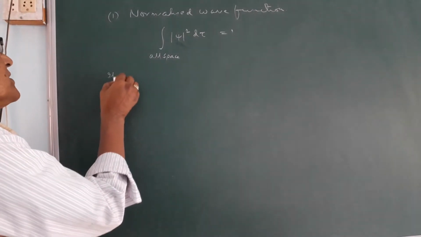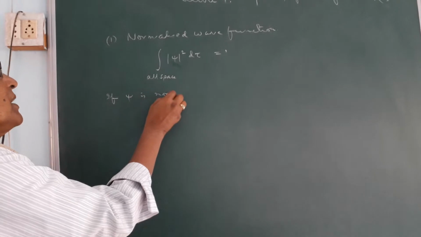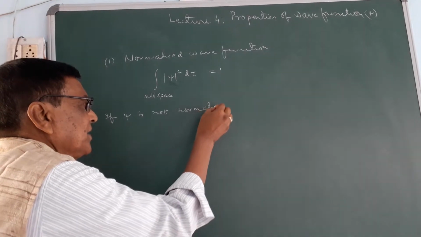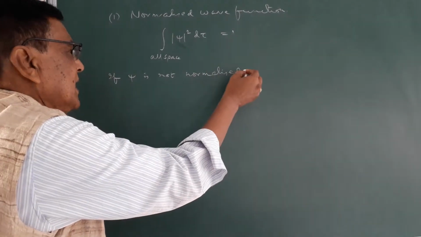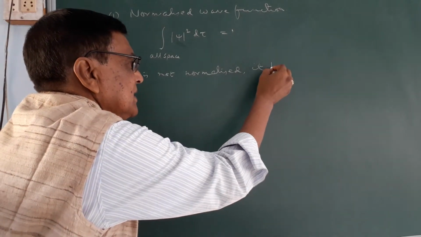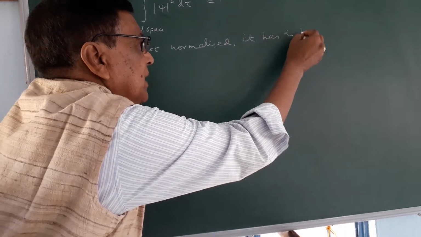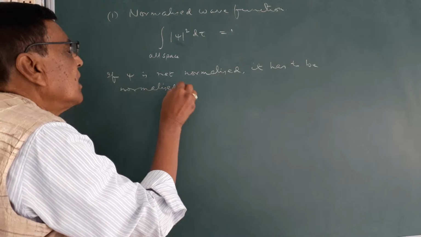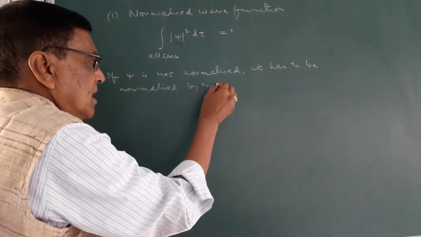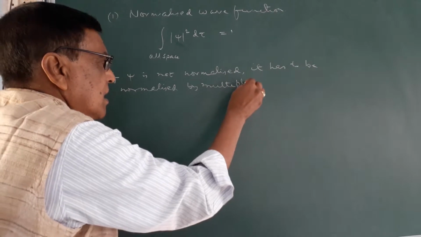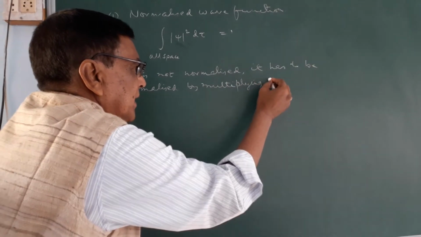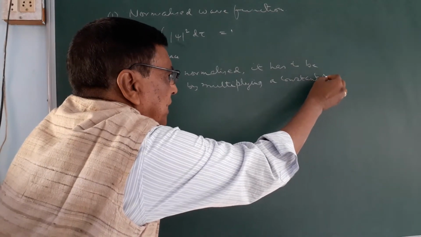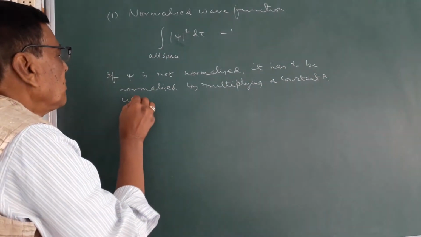If psi is not normalized, then it has to be normalized by multiplying by a constant A, called the normalization constant.